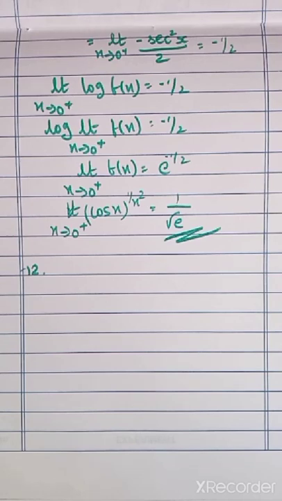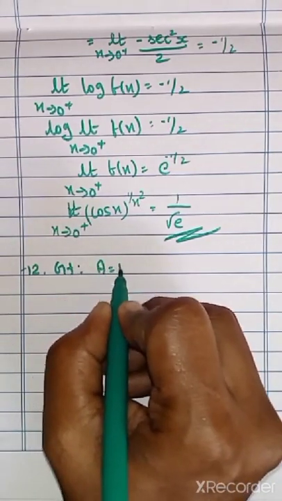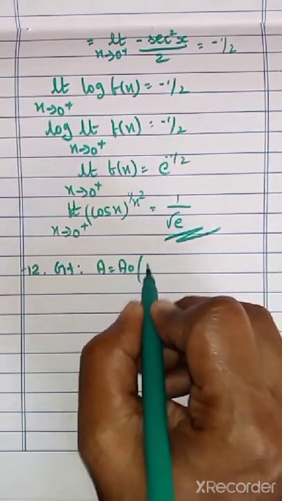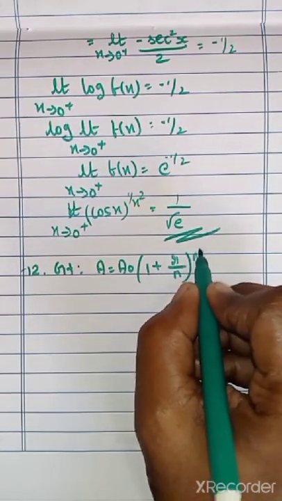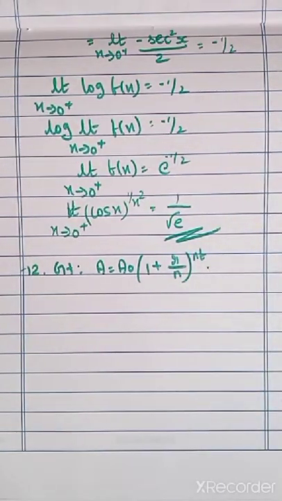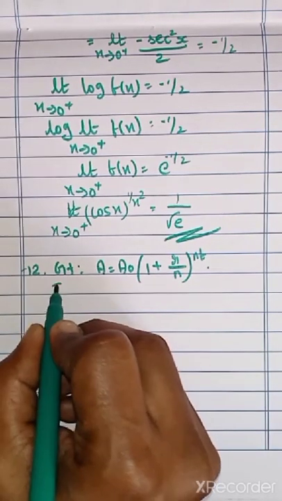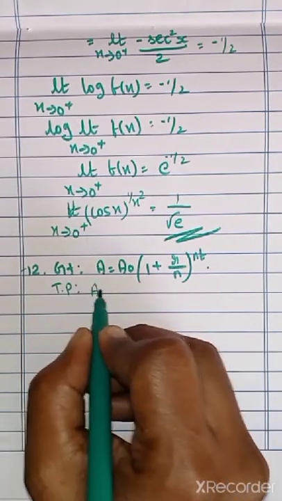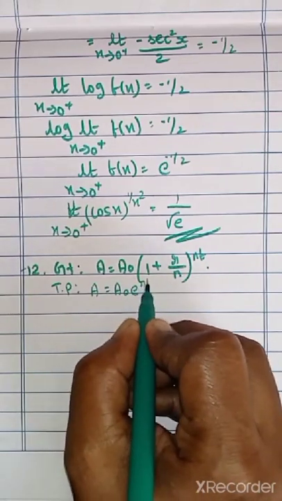A equal to A naught 1 plus R by n whole power nt. If the interest is compounded continuously, then we have to prove that A equal to A naught e power rt.